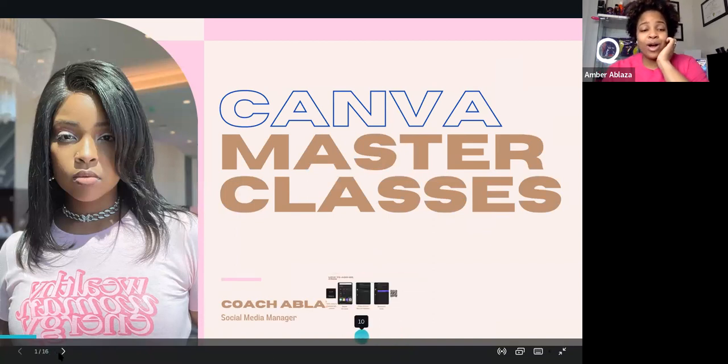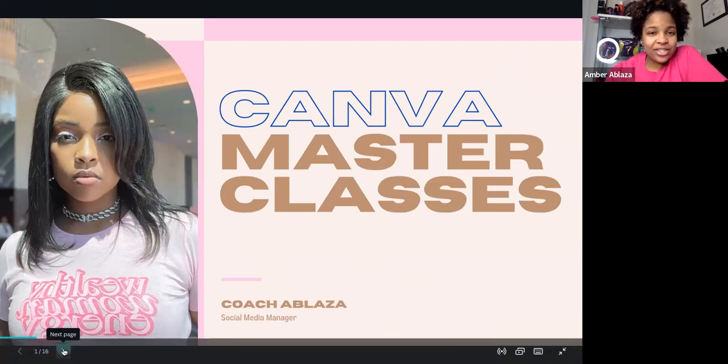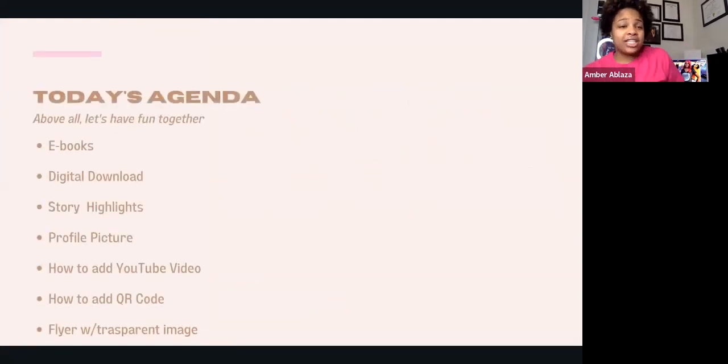Okay, welcome to my Canva Masterclass. This is Coach Ablaza, social media manager. You see how I put this together? This is the type of thing you can do in Canva. So today's agenda, above all, we're going to have some fun. You guys know I'm eccentric.